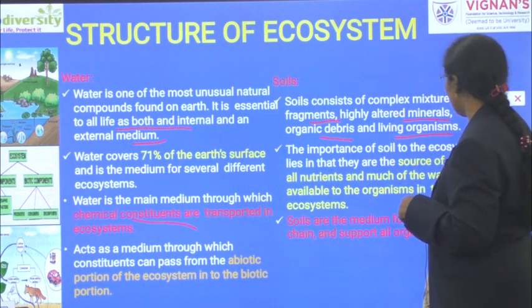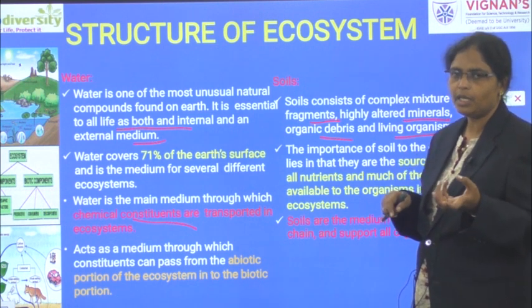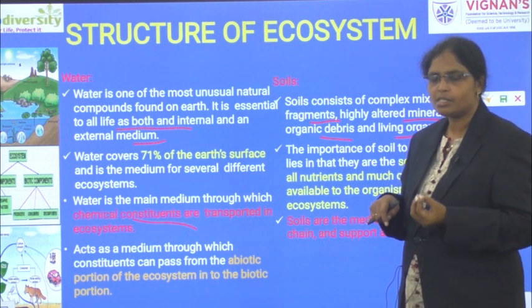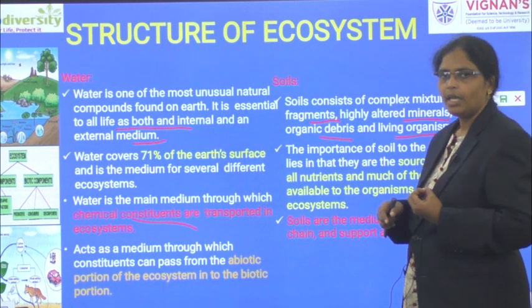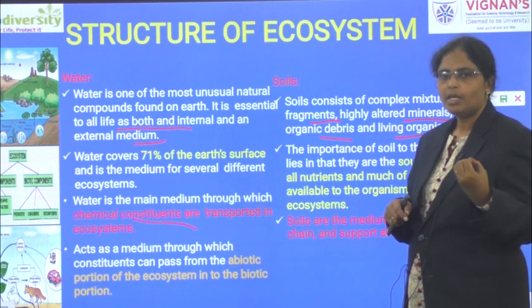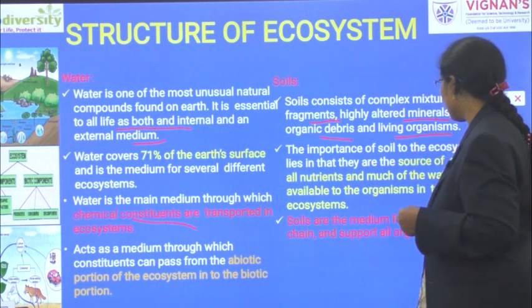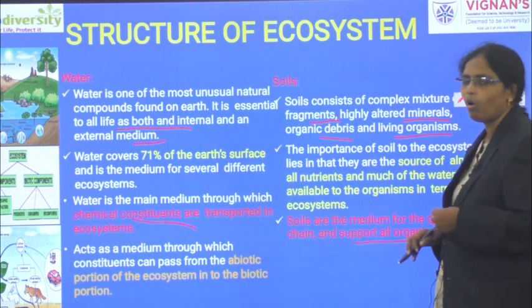It provides nutrients to the plants, particularly in the terrestrial ecosystem, where plants get their nutrients from the soil only. These soils act as carriers for the transfer of nutrients in the ecosystem. They are the medium for the detritus food chain and support all organisms.